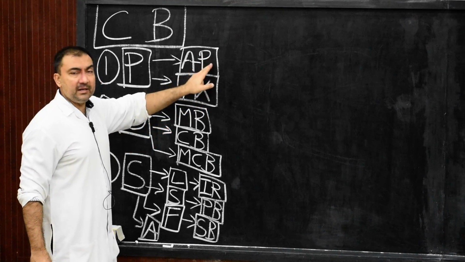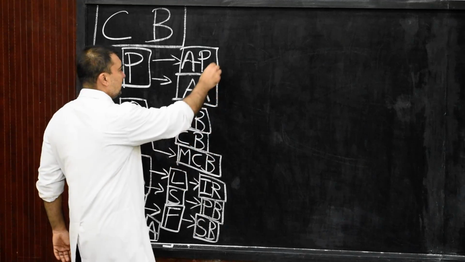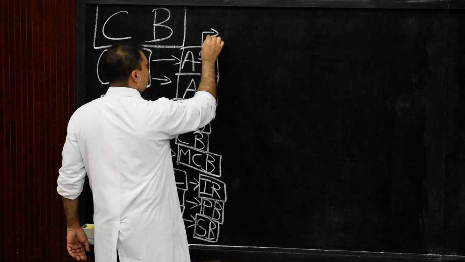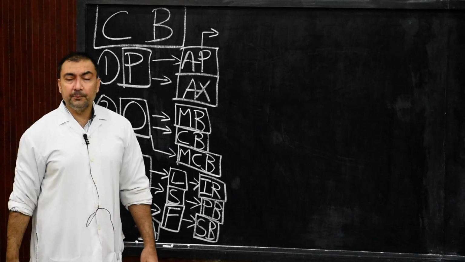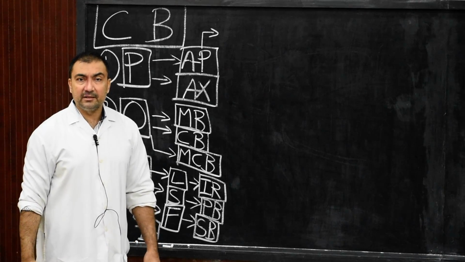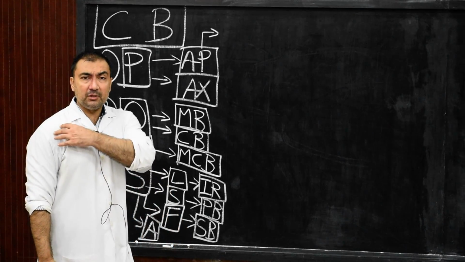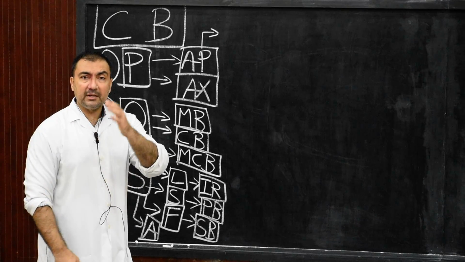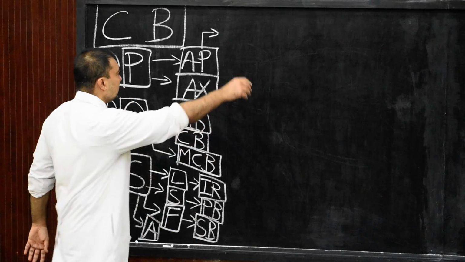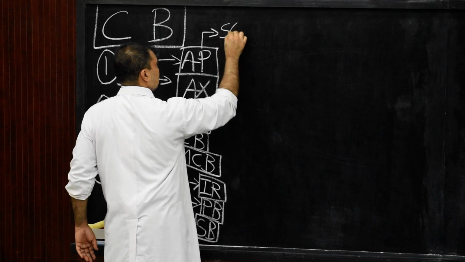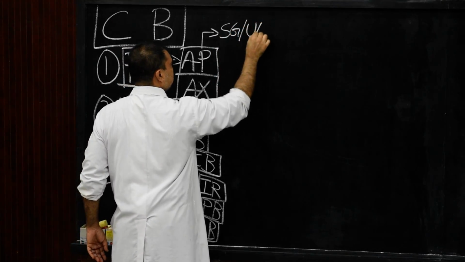In case of appendicular, the appendicular will start with upper limb bones and shoulder girdle. The entire shoulder girdle and upper limb bones.